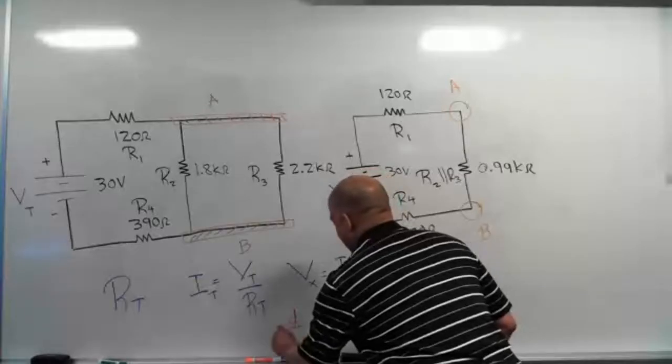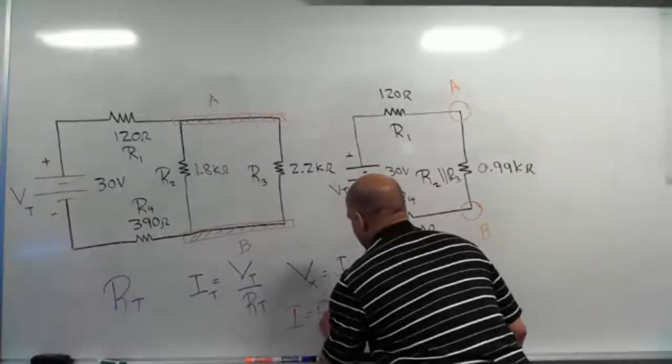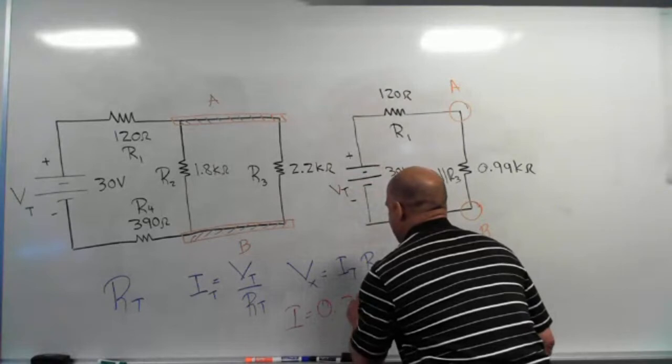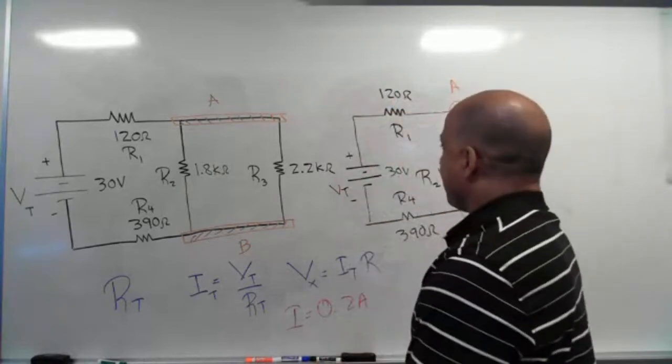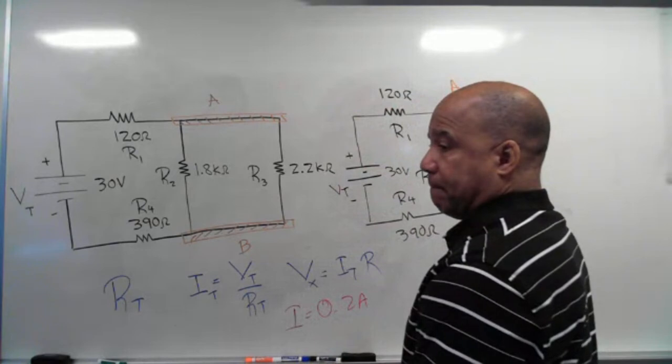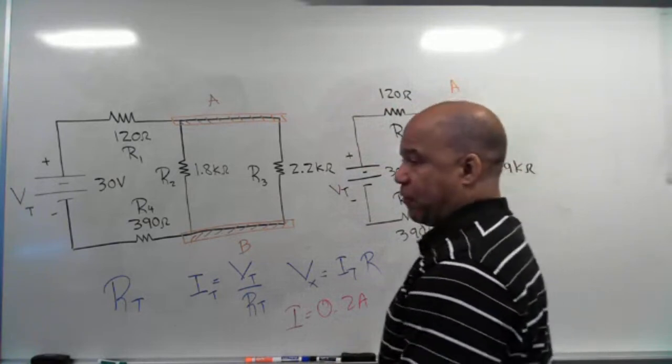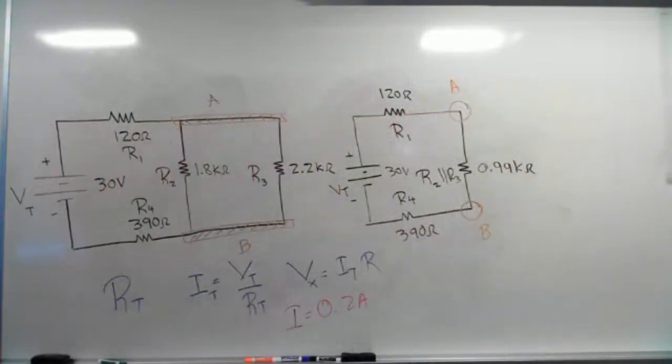0.02 amps. Somebody said the current is 0.02 amps. Anybody second that? Is that right? I'll wait for somebody else to get an answer. He said 0.02, or did he say 0.2?